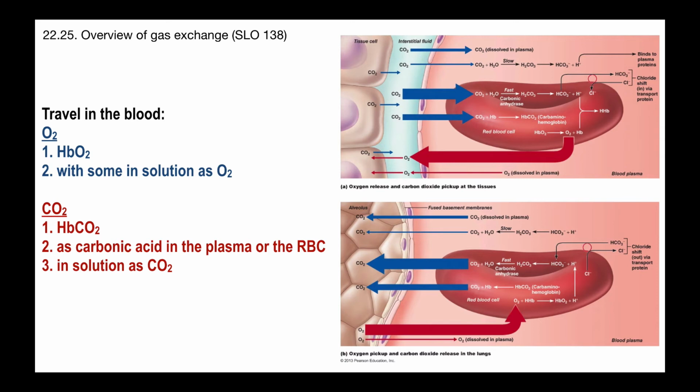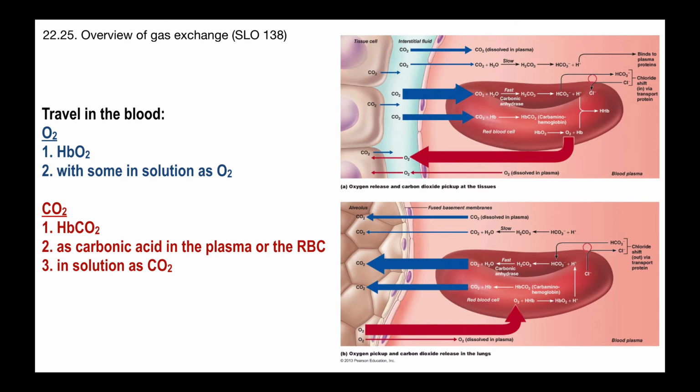It's also possible for oxygen to travel in the blood as a gas, but that really doesn't happen that much, because remember, it's only a 20th as soluble as carbon dioxide is. So most of the oxygen is traveling in association with hemoglobin.